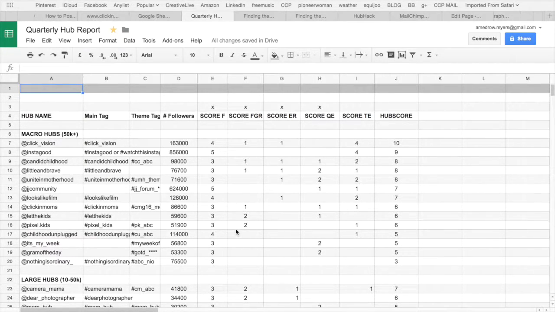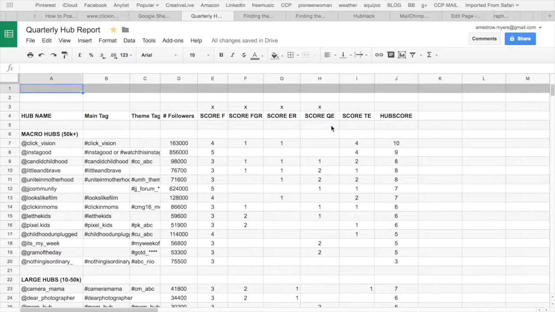FGR is follower growth rate. That's month over month or quarter after quarter, what your growth rate has been. ER is engagement rate. Engagement rate is going to be the likes and comments divided by the number of followers. So we do want to see a high engagement rate if possible.